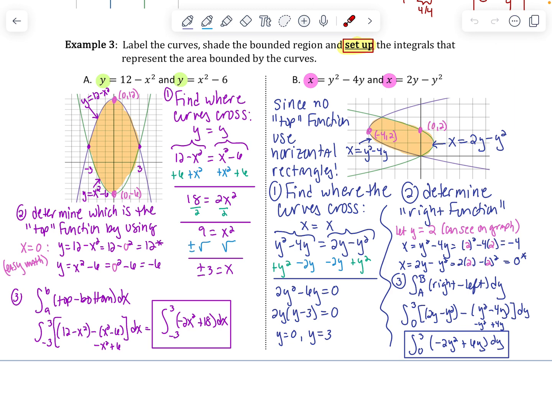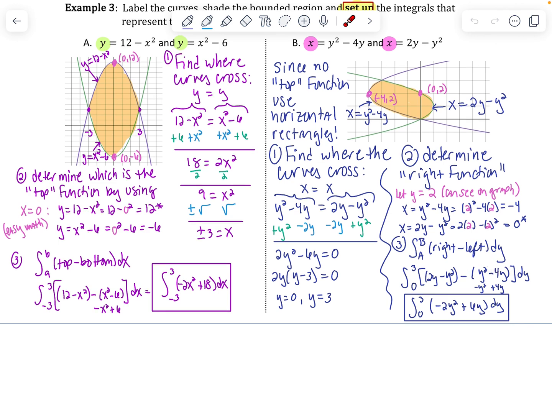So we said when y is 2, we're over here on the x-axis, x is 0, and so we can tell that that is further to the right. 0 is further to the right than negative 4. So that means this second function is our furthest right function, and my first function is the furthest left function.